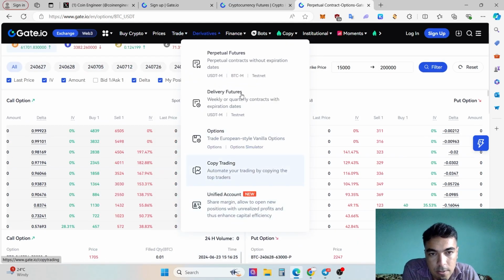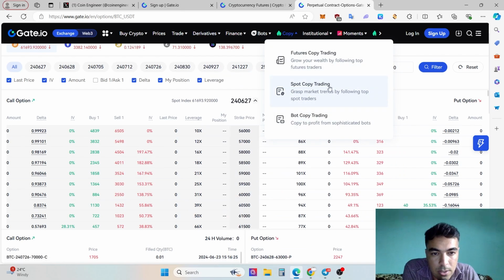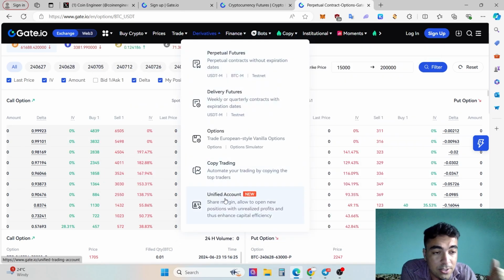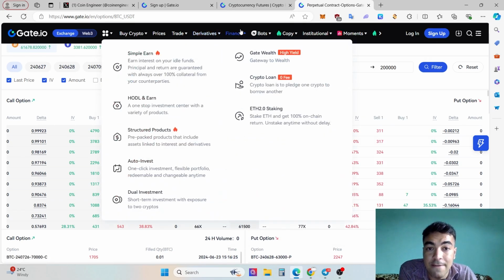Yes, copy trading. Copy trading, I will talk about a lot in here. That's why I don't want to take a look into it now. And if you have, take a look, unrealized profits, your own margin, if you want to share your own results in there, you can do it on the find account and finance side.